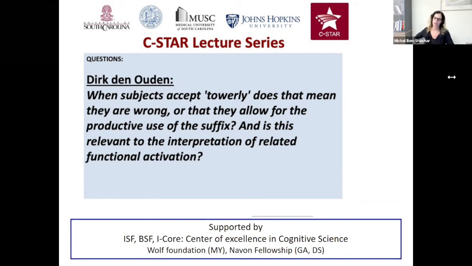So basically, what stems from what you're saying is perhaps those who are making more mistakes in this task are those who are using morphology in a more productive way. So they are the higher morphology participants, the ones who are making more mistakes.